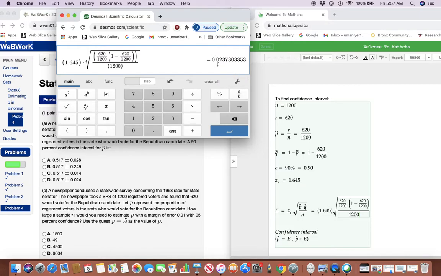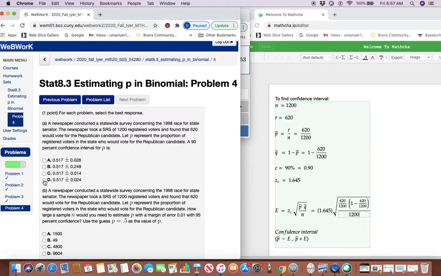I get 0.0237. Which of these choices? That's too far, that's one. If I approximate that 37, that 7 forces me to approximate this 3 to a 4. So I would choose D.